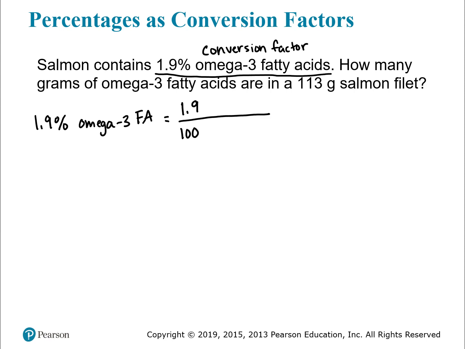The problem is asking us about how many grams of omega-3s are in this salmon fillet. So we can say 1.9 grams of omega-3 fatty acids over 100 grams of salmon. That's one of our conversion factors.